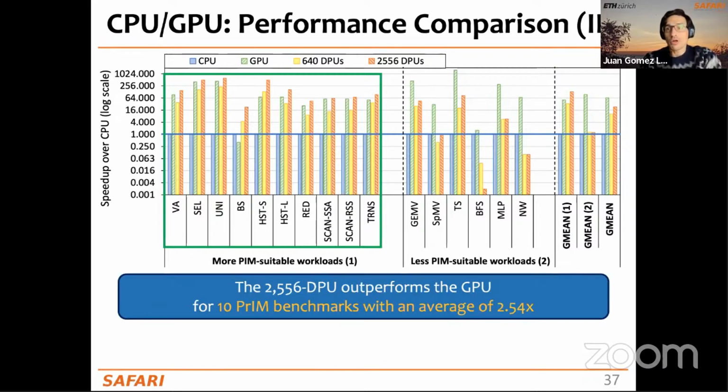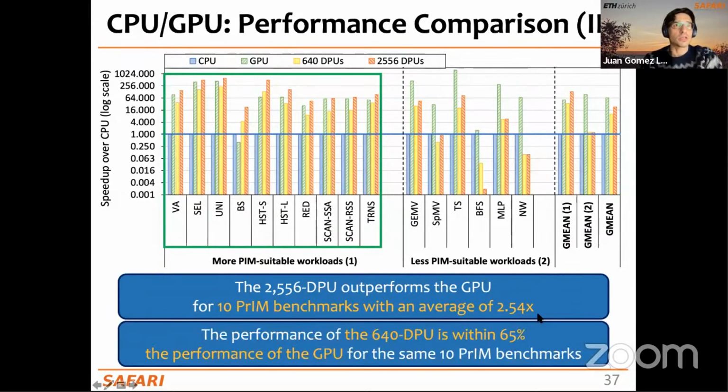So then when comparing to the GPU, we see that for 10 PrIM benchmarks, the larger UPMEM-based PIM system outperforms the GPU, and it does it by an average of 2.54 times, which is a pretty interesting speedup as well. And even for the smaller UPMEM-based PIM system with only 640 DPUs, the performance of this system is within 65% of the performance of the GPU for the same 10 PrIM benchmarks.